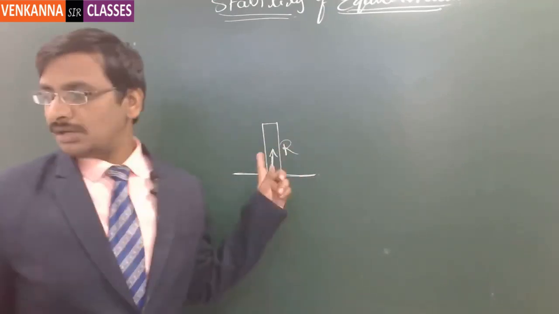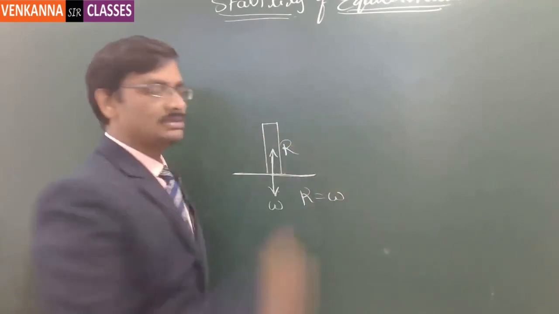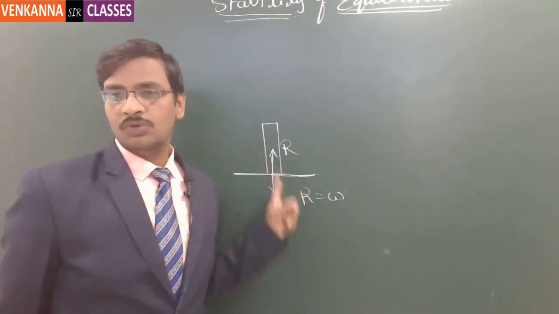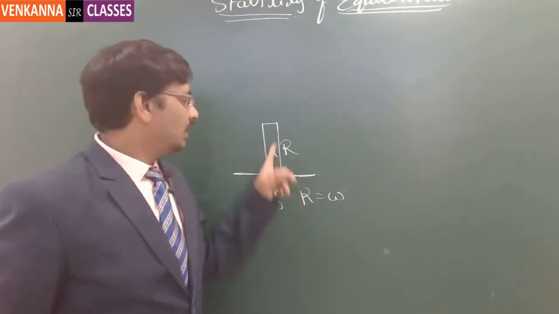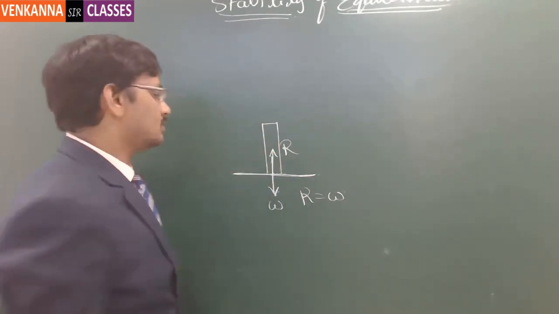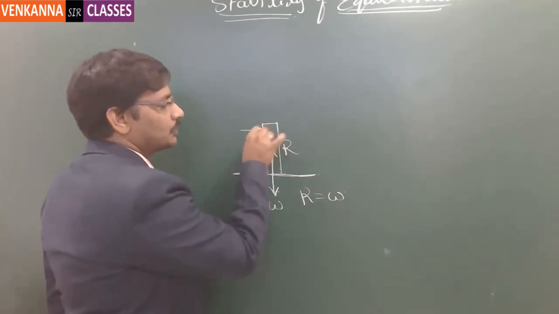The system is under equilibrium because R is equal to W. These two forces balance out, and that keeps the body under equilibrium condition.